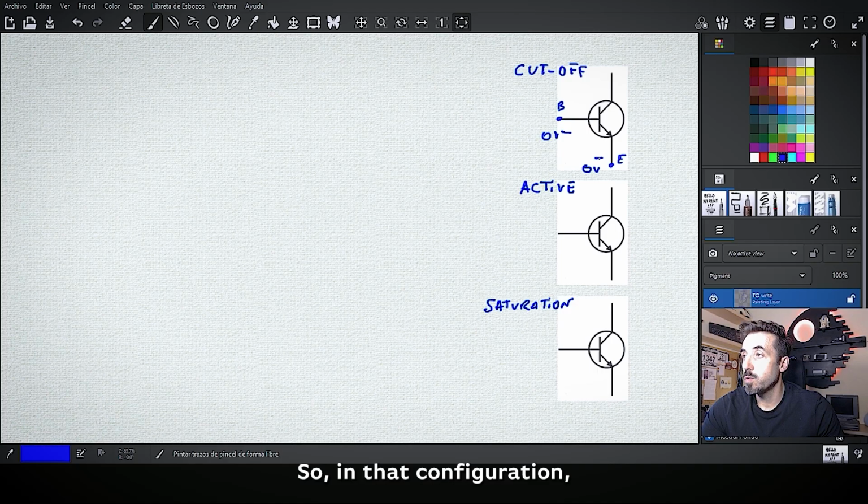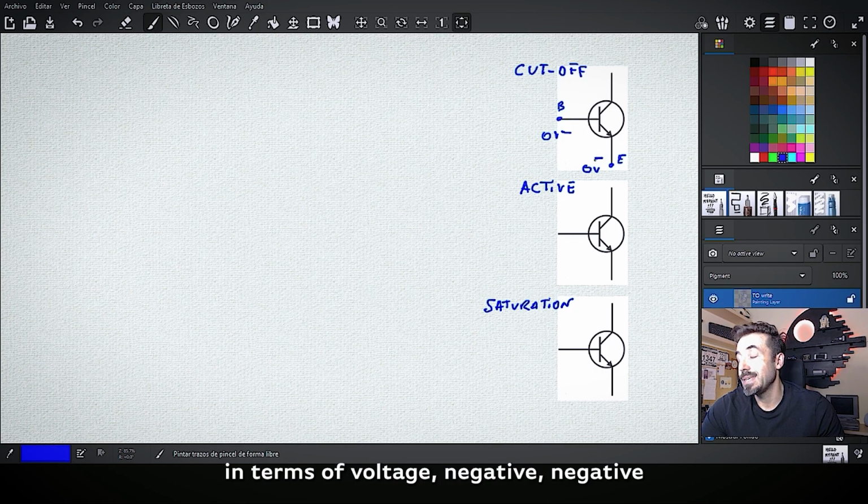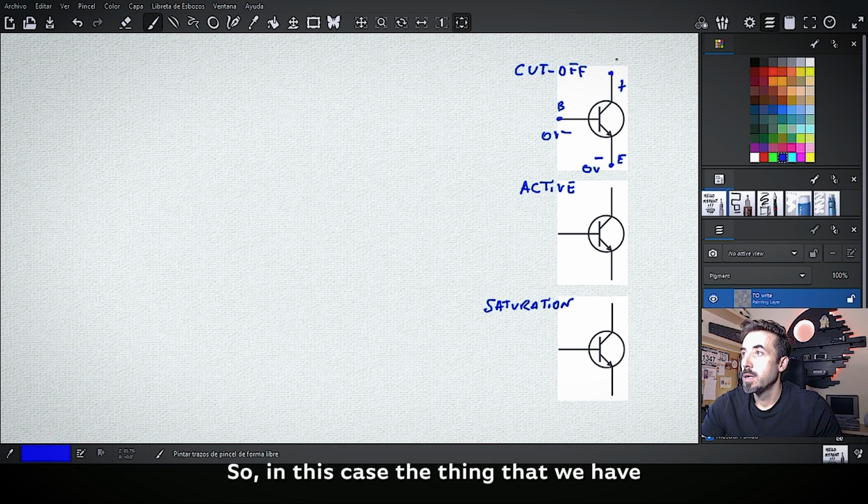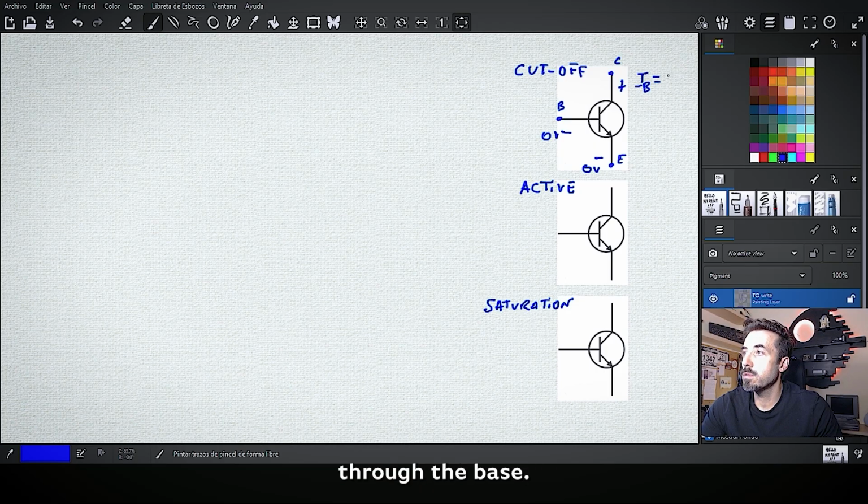So in that configuration, we are going to find, in terms of voltage, negative, negative, and probably positive in the collector. In this case, we don't have current through the base, so that current is 0, and consequently the current through the collector is equal to the current through the emitter, and also equal to 0.